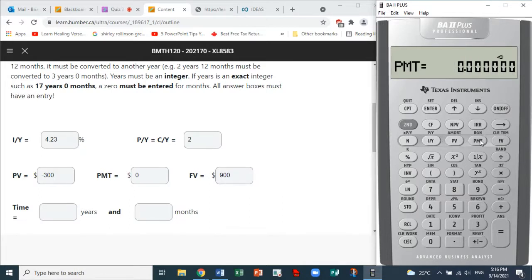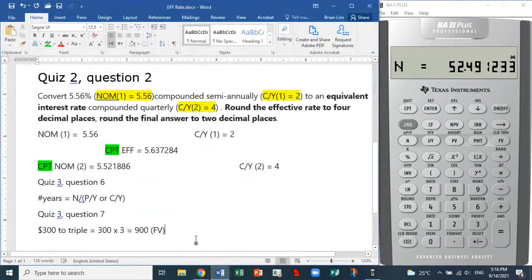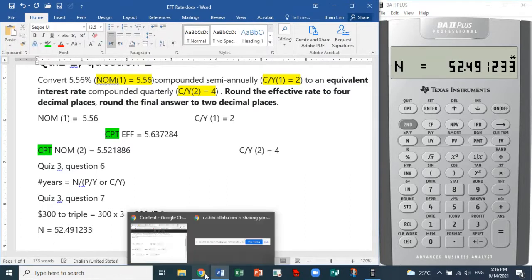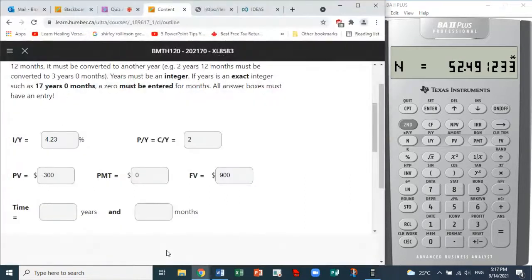Payment is 0, and the future value is $900. So we compute n. Now what is n? 52.491233. So n is equal to 52.491233.